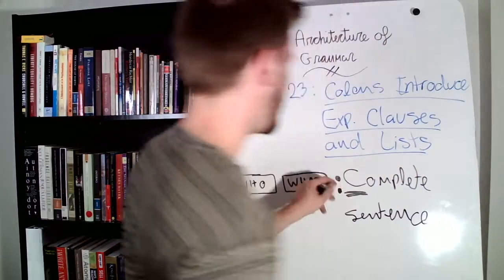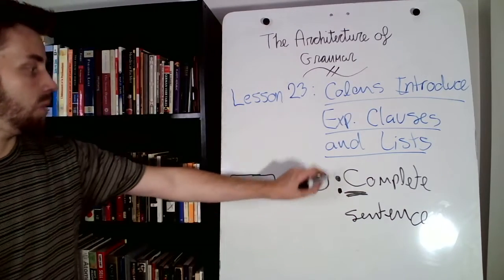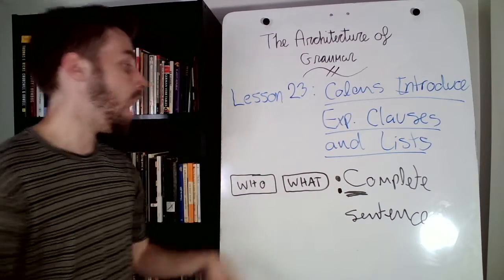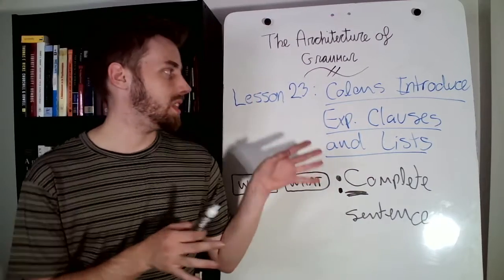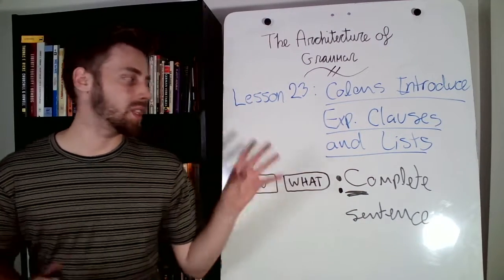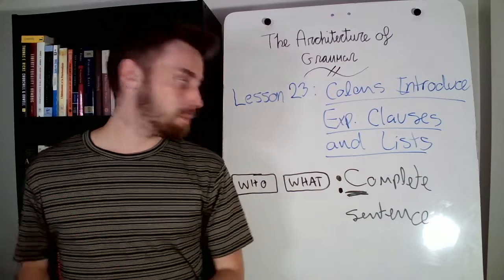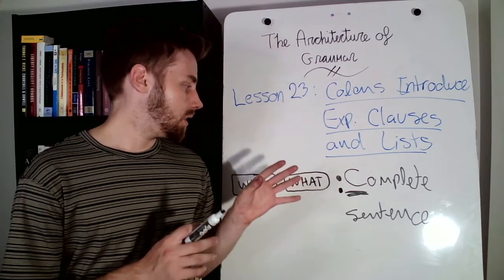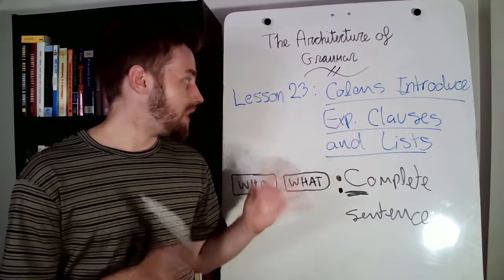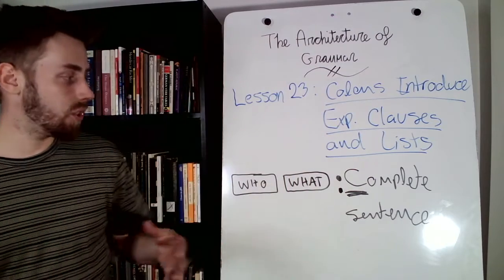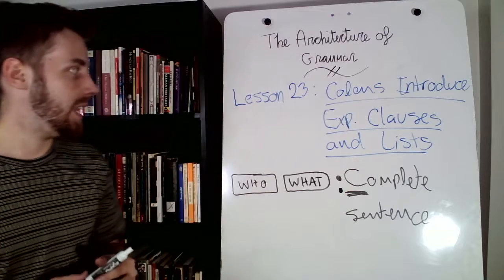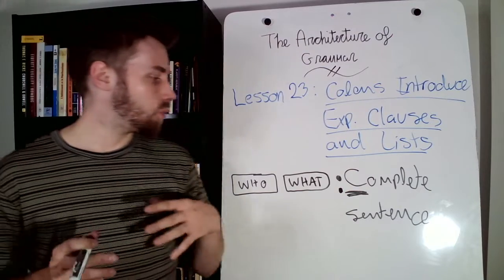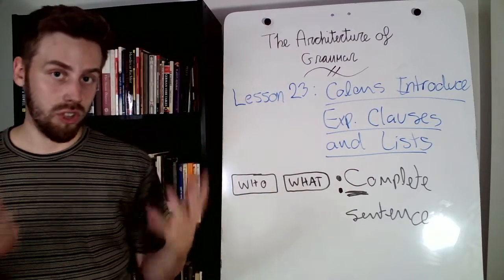If it's a complete sentence, we put a capital letter. Otherwise, we don't. So go in lesson 23 in the Architecture of Grammar and you can see all the examples and make sure that you understand in which cases you use a capital letter and when you don't. This way you're going to be very clear on the colon.